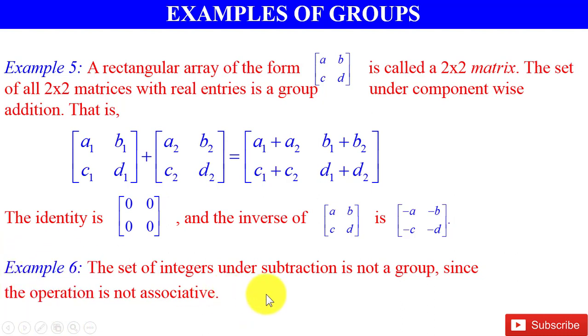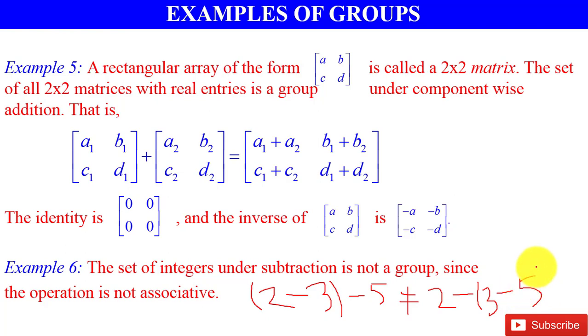As 2 minus 3 minus 5 is not equal to 2 minus of 3 minus of 5.